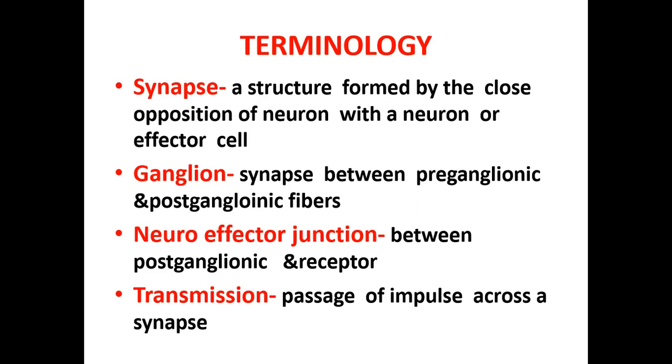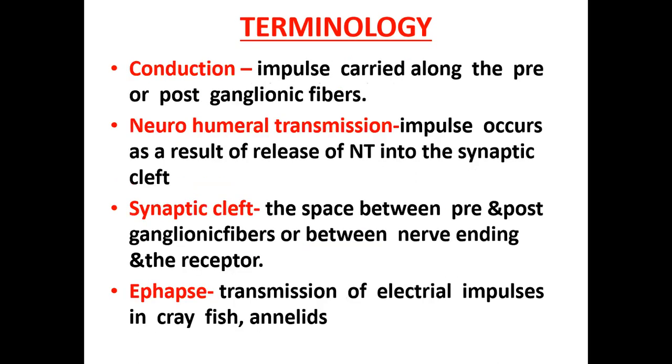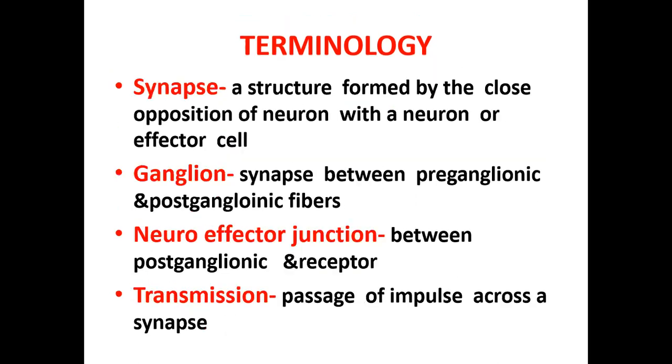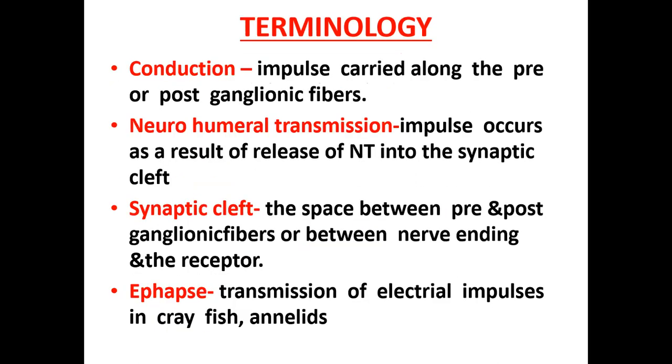What is transmission? Transmission is the passage of an impulse across a synapse. Then another terminology is conduction. Conduction is an impulse which is carried along the pre or the postganglionic fibers.